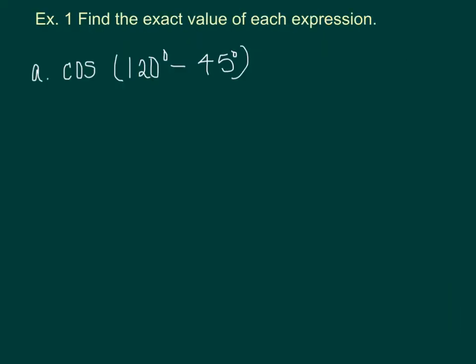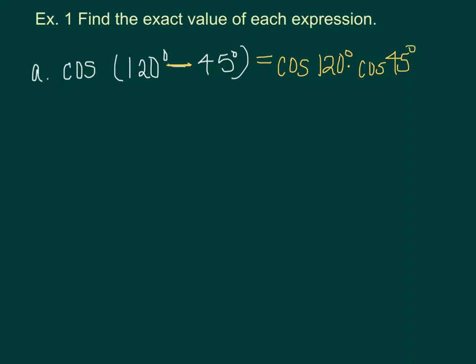First example, we're going to find the exact value of each expression. I'm going to start off with the cosine, and you look at if it's a sum or difference. So this is a difference. So you're going to follow the difference formula for cosine. So you just follow the formula. So you do cosine of the first angle times cosine of the second angle.